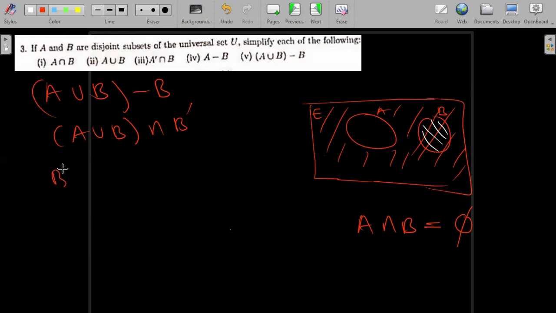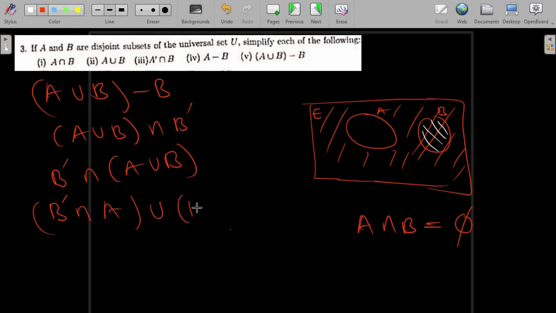If I write B complement intersect A union B in front, then I distribute this, I get B complement intersect A, then I have union, then I have B complement intersect B. Then you check these sets that are here. How is it going to be?